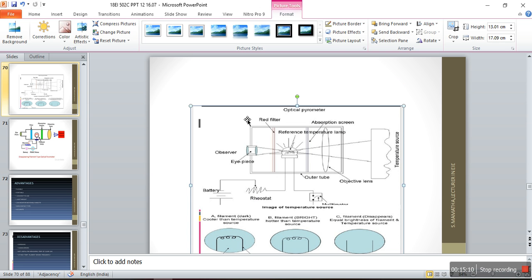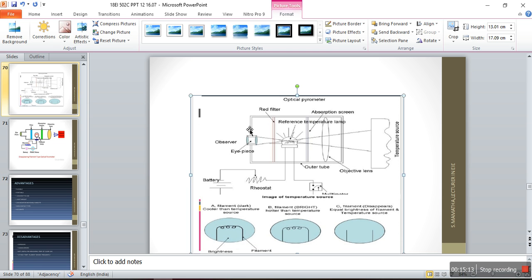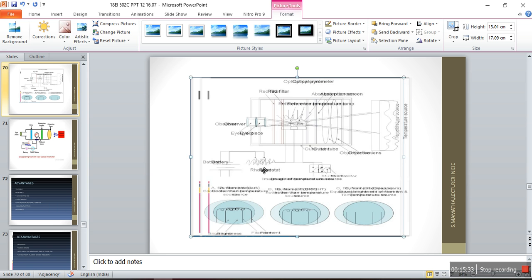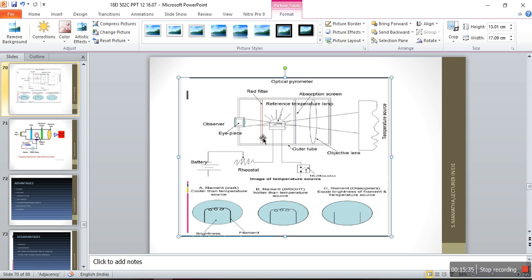Going through this slide, here this is the eyepiece, this is the light bulb, this is the absorption screen, and here is the temperature source. From the temperature source the heat radiation will be appearing, and by adjusting the battery and rheostat, we send current through this lamp. The current through the lamp gives brightness to the filament, equivalent to the radiation coming from the temperature source.